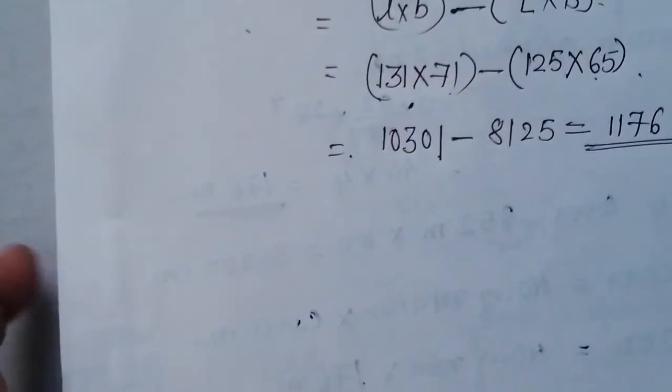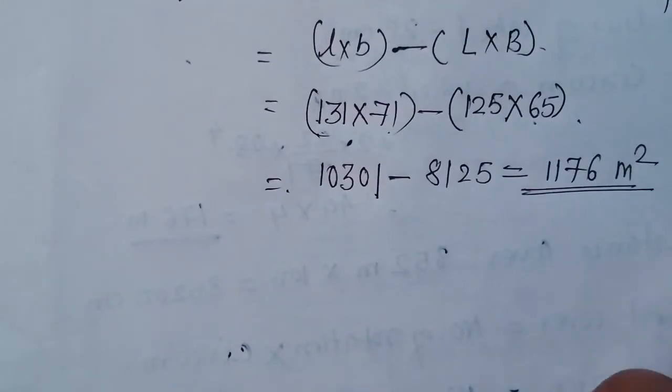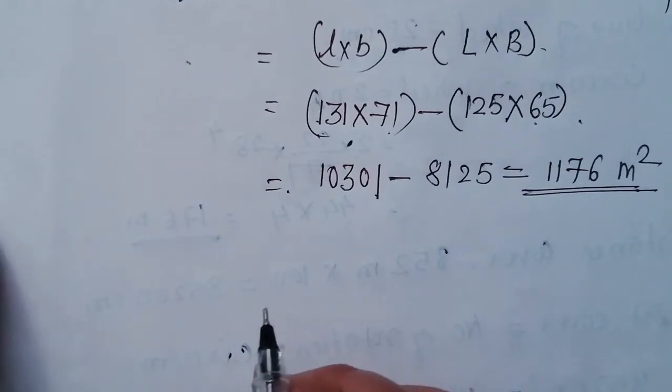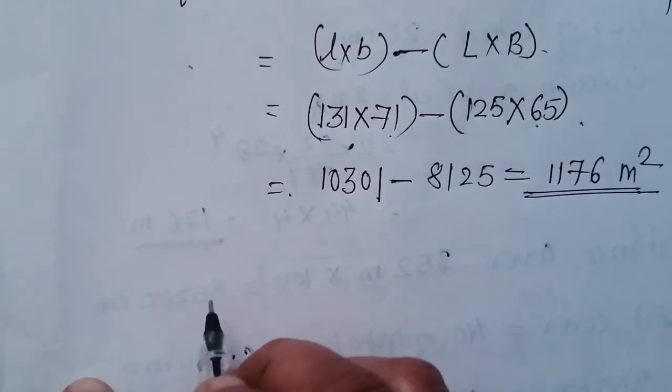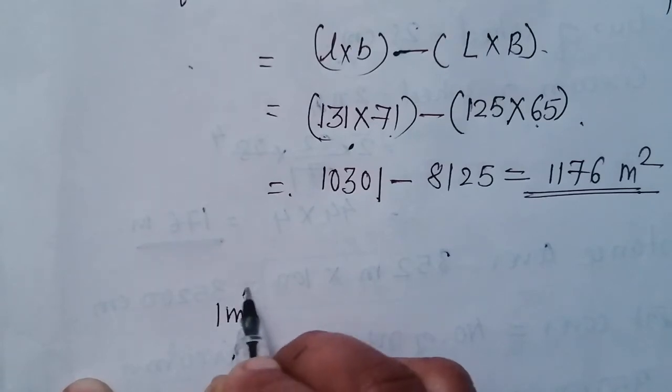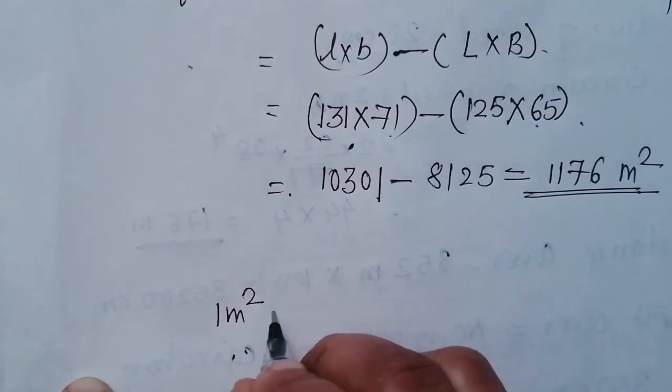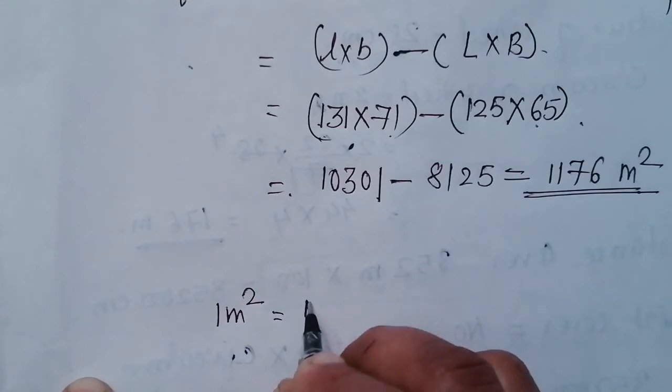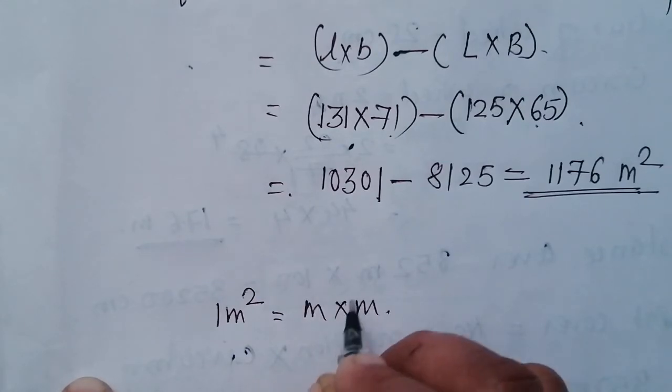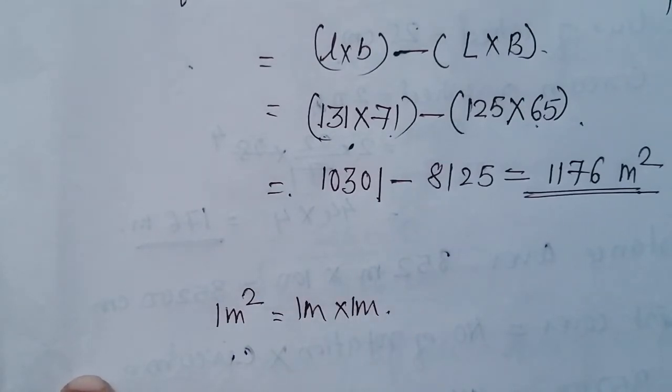Now suppose the dimension is given in meter and it asks you to find it in centimeter, or vice versa. In area, if you have to convert the unit, what do you have to do? Suppose 1 meter square is given. 1 meter square means meter multiplied by meter, that is 1 meter multiplied by 1 meter, isn't it?